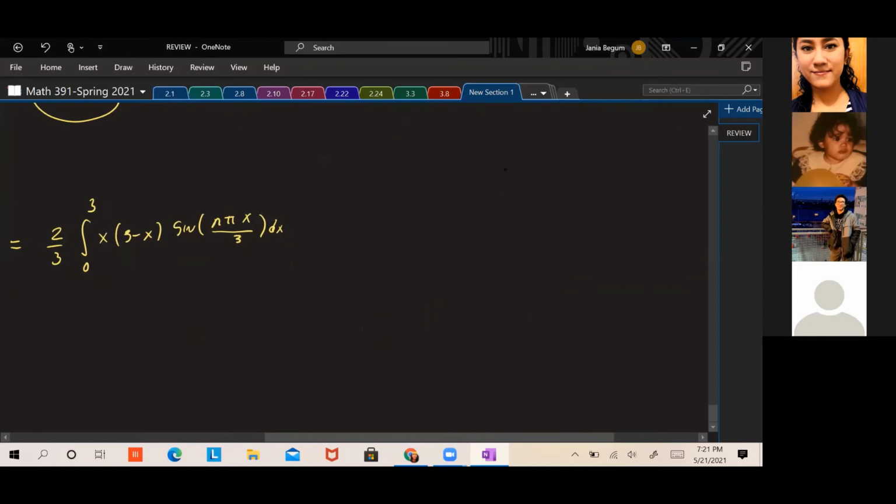Here is my derivative column, and here is my integration column. We're differentiating the polynomial, and I will distribute the x as well. So you have 3x minus x squared, and we're integrating sine(n pi x over 3).